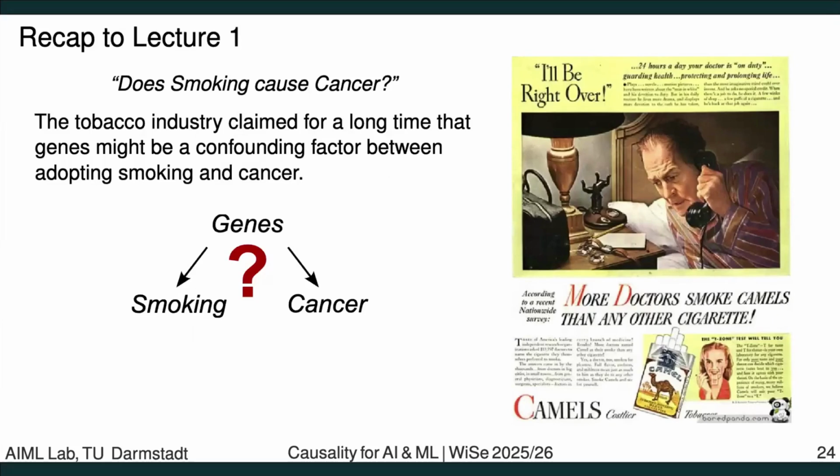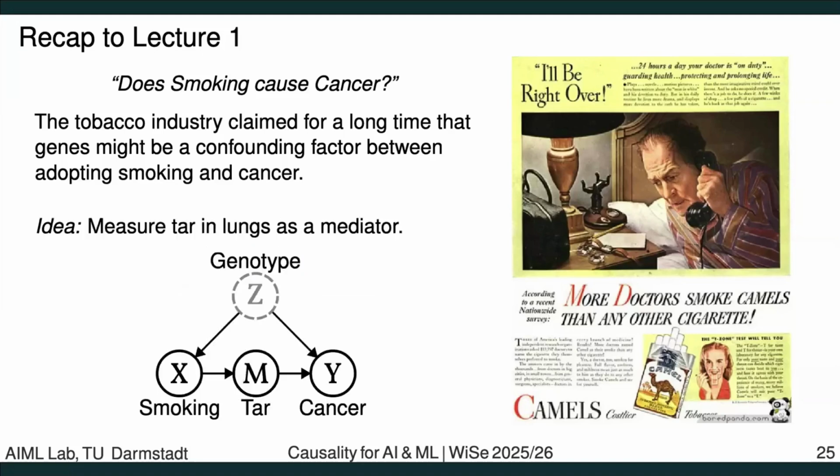So maybe you remember back the last lecture, or the first lecture, actually, where we talked about, okay, but what can we now do with it? So, for example, the tobacco industry claimed that smoking might not cause cancer, that it's some genetic factors or whatever going on. And here we could, for example, of course, in reality, it's way more complicated, and there might still be a debate of whether your causal model or your graphical model that you're drawing is correct.